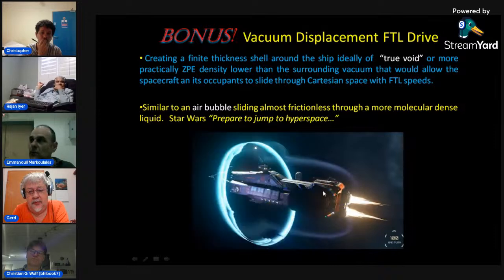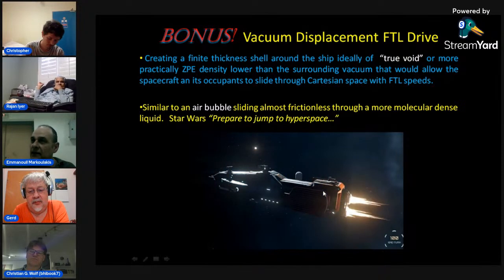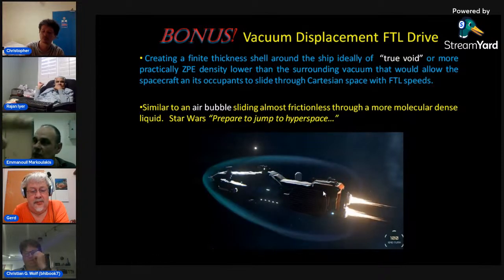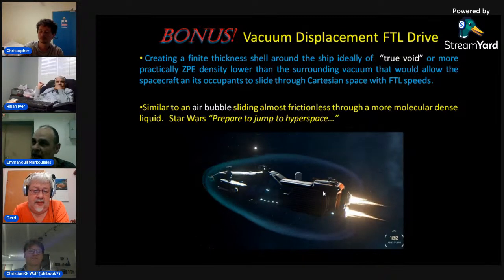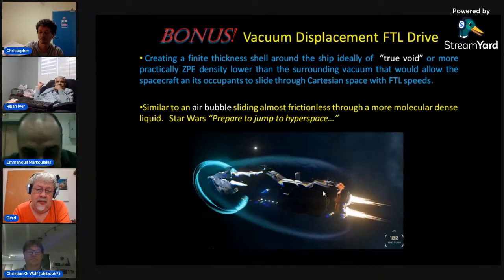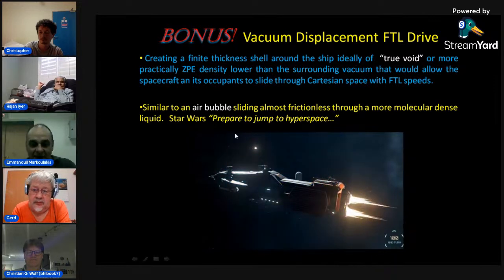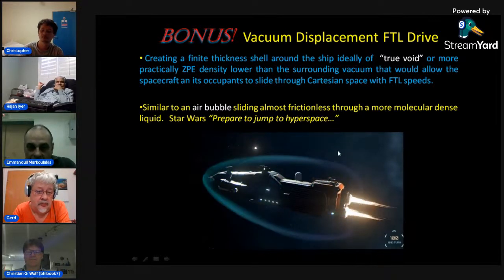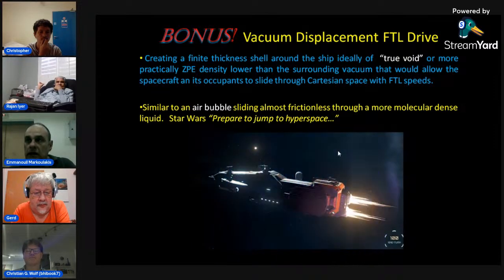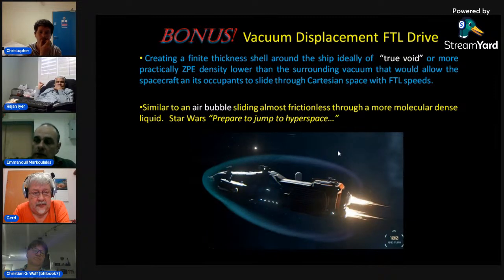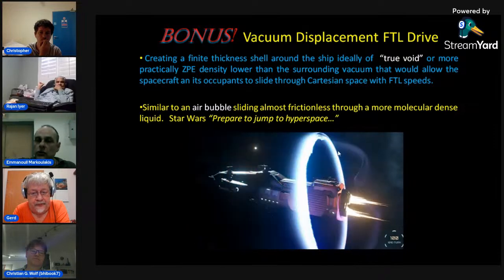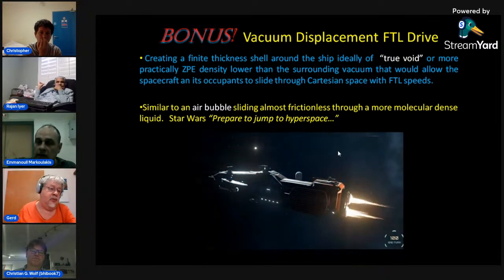If you remember the inertia dampening field in Star Trek, not Star Wars. But there's a slight problem. What you do, exactly like Star Trek, is you want to go from place A to place B. You set your coordinates in the computer and calculate the trajectory.